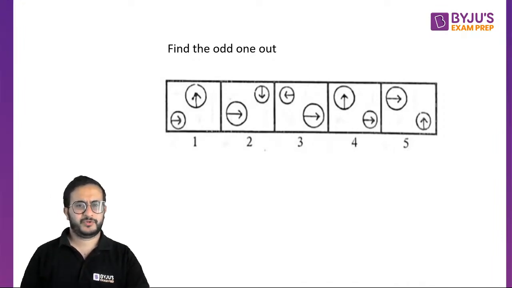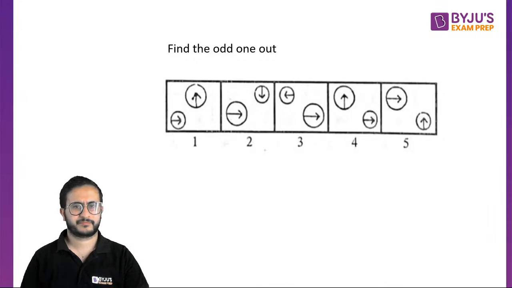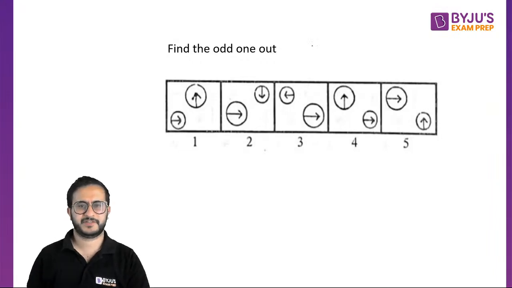Generally, if we talk about these odd one outs, these sometimes can be confusing, because different people look from different dimensions. So why is it one odd one? What is different in one which is not in others?